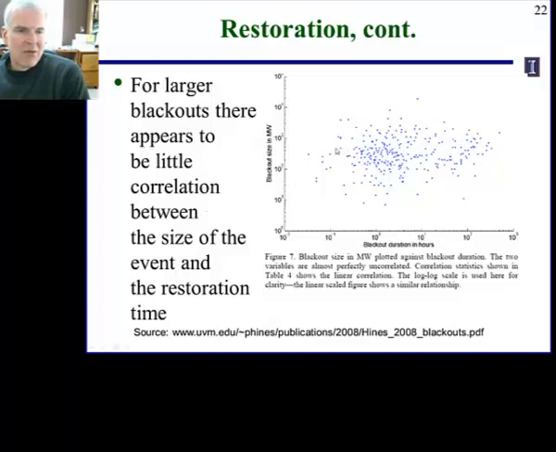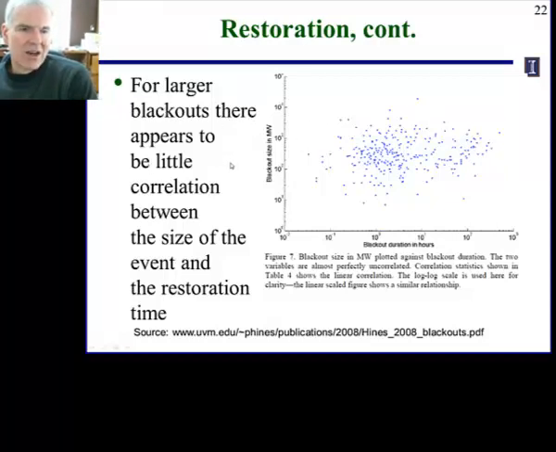Last, I wanted to show a graph here that came from the University of Vermont report by Paul Hines. The dots here are on a log-log scale between the blackout duration in hours and the blackout size in megawatts. What they noted, and this is using the NERC data, is for larger blackouts, there appears to be little correlation between the size of the event and the restoration time it takes to get power back on.